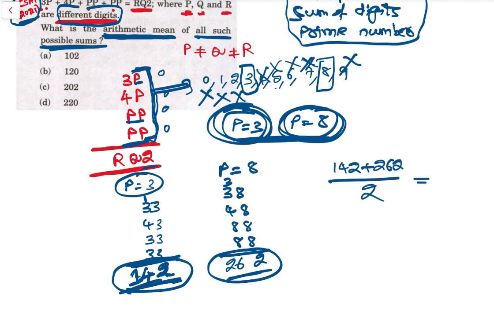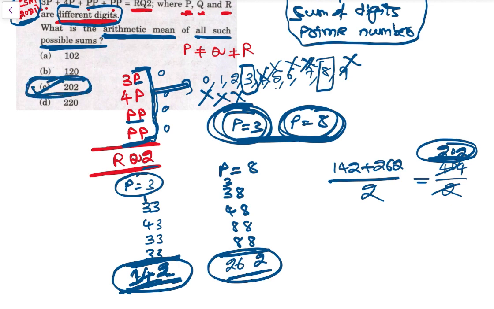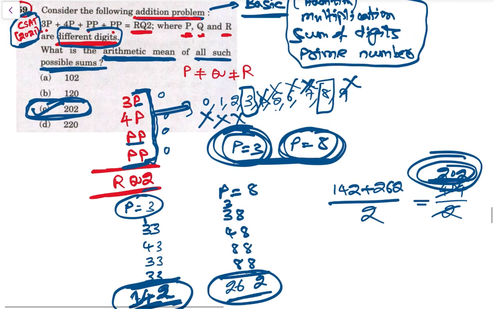That is 404 divided by 2, which is 202. The arithmetic mean is 202, so option C is the answer here.